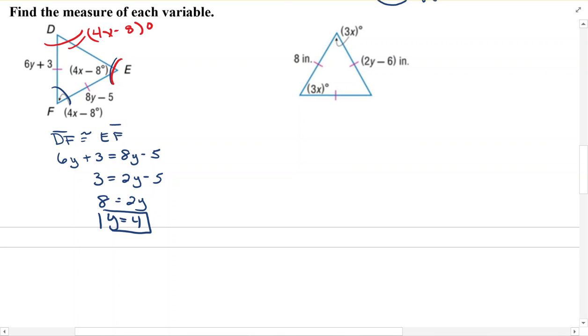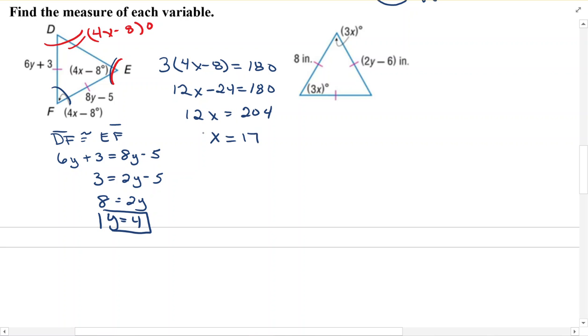So to solve this for x, we would do 3 times 4x minus 8, because we have 3 angles that are 4x minus 8, equals 180. So solving that algebraically, we have 12x minus 24 equals 180. 12x equals 204, and x equals 17.